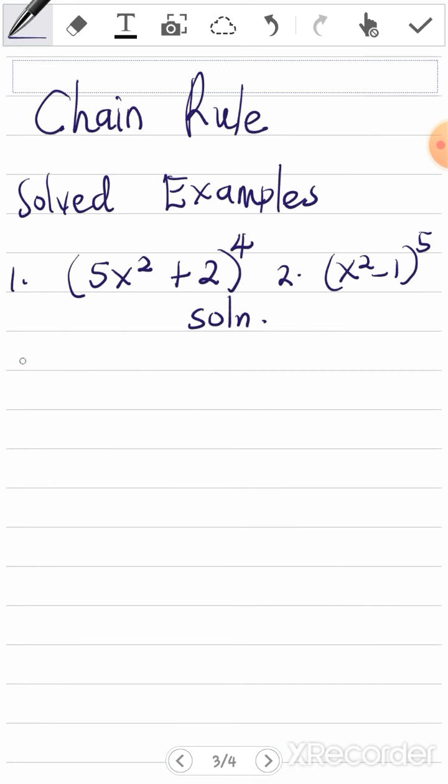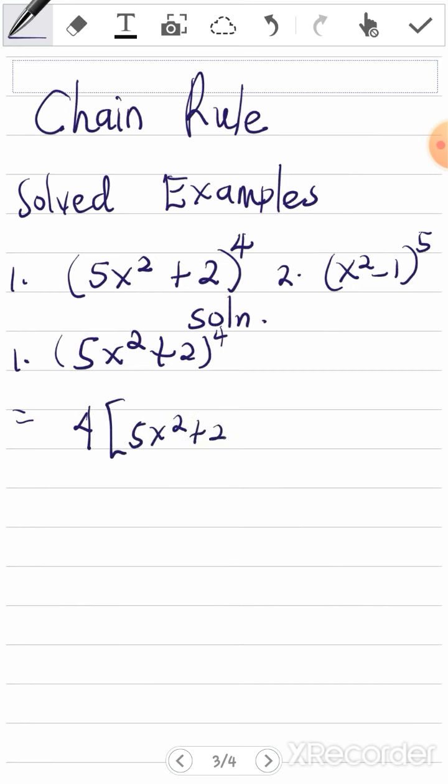We're going to solve the first one. Look at the way I solve it. This 4 will be like n, so 4 will multiply the whole thing. Then to the power 4 minus 1, you subtract 1 from the exponent.